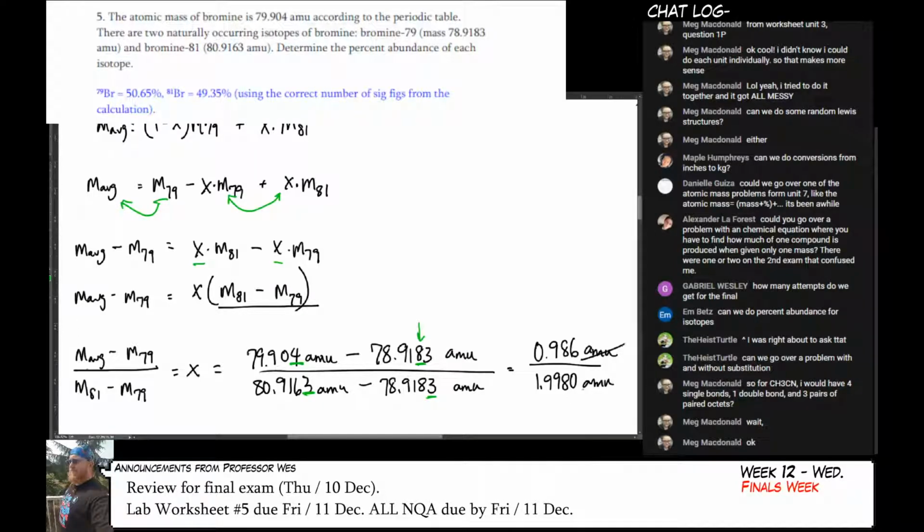These AMU get canceled out because now I have something divided by itself. And so I can do 3 sig figs divided by 5, which should be 3. So 0.986 over 1.9980, and I get 0.493, which is 49.3%.